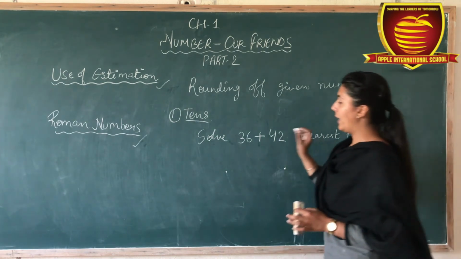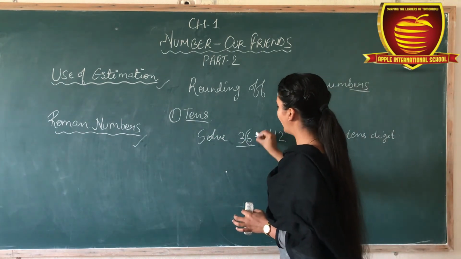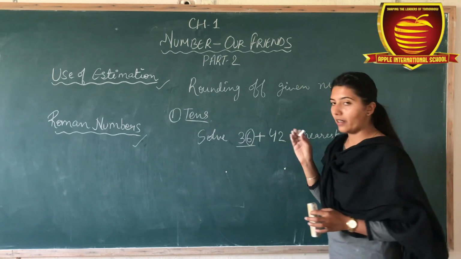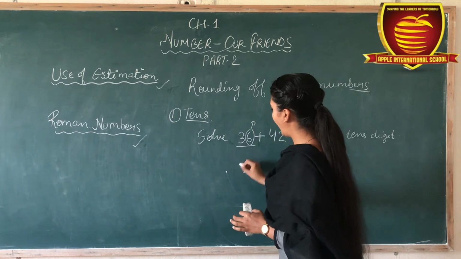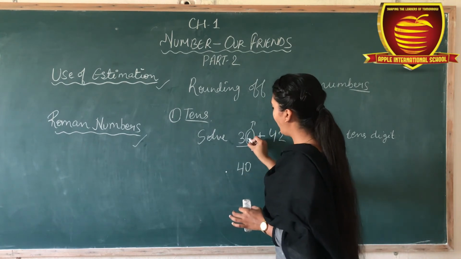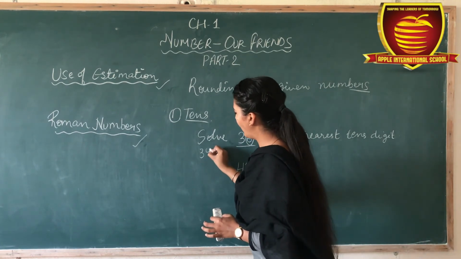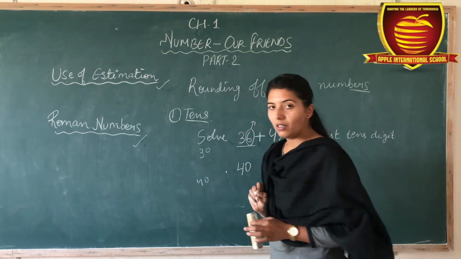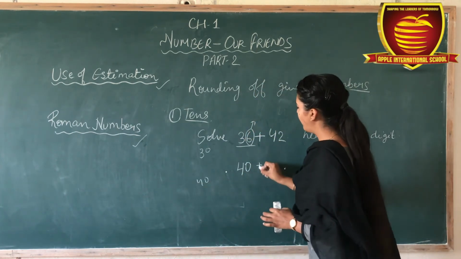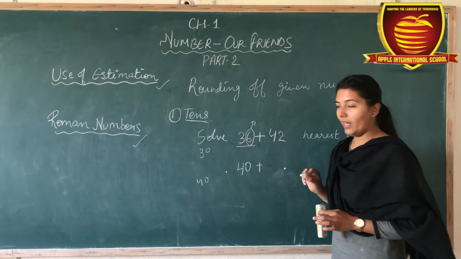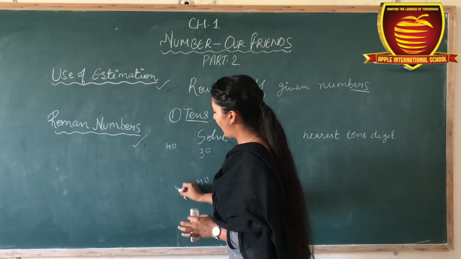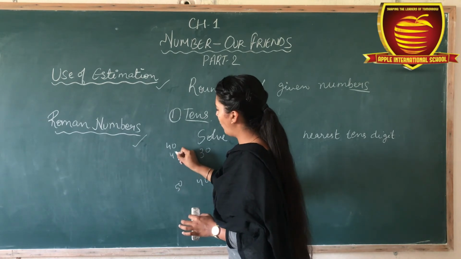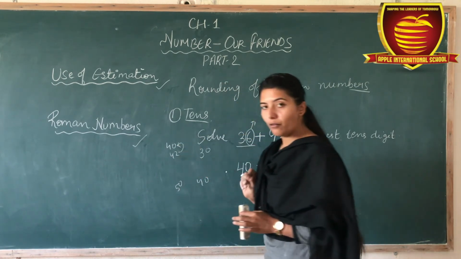As I told you, if the last digit is greater than 5, we round up, so 36 is taken as 40 because it lies between 30 and 40. Similarly, 42 lies between 40 and 50, but 42 is nearest to 40.